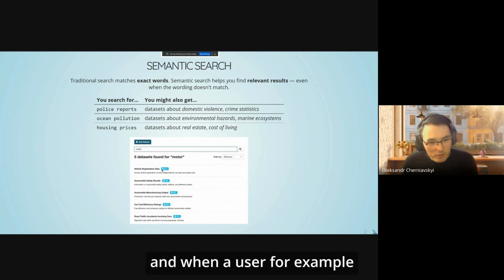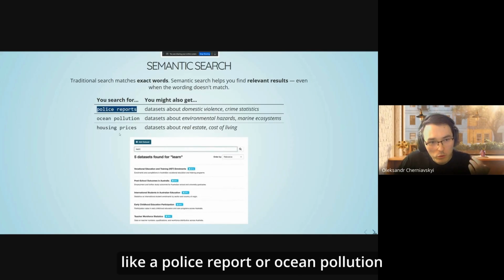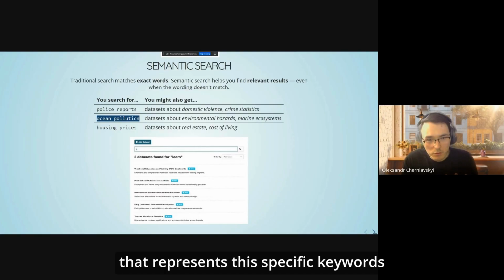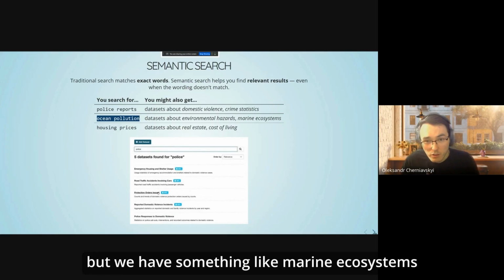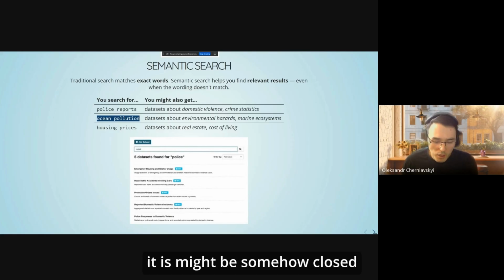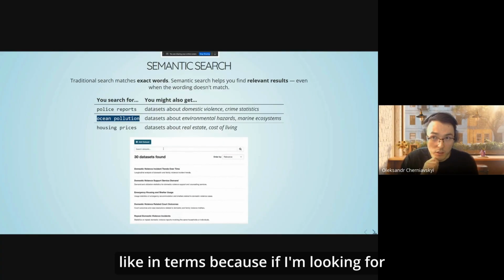And when a user, for example, writes something in the search, like police reports or ocean pollution, imagine that we don't have a dataset that represents this specific keyword. Ocean pollution doesn't exist in the portal, but we have something like marine ecosystems or environmental hazards, and it might be somehow close in terms.